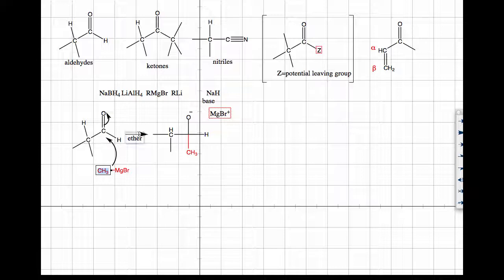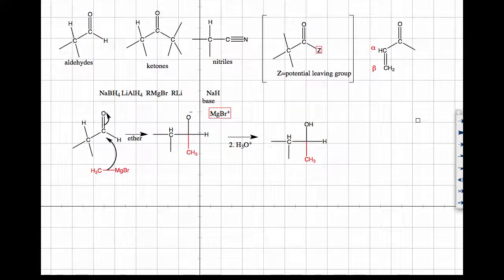Therefore, the reaction is irreversible. The reaction goes forward only and waits around for us to protonate in a second synthetic step to give the alcohol product shown. Note that the new bond made during the Grignard reaction is the one that's in red.